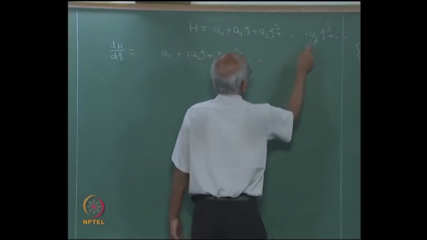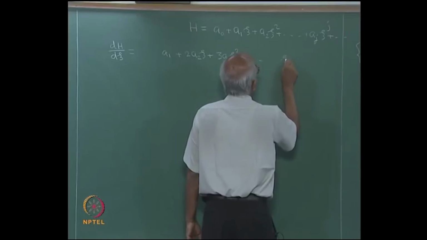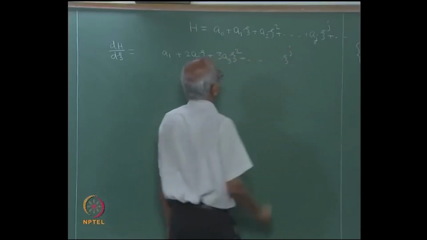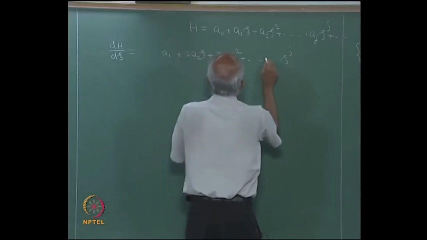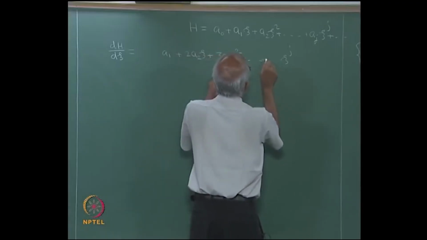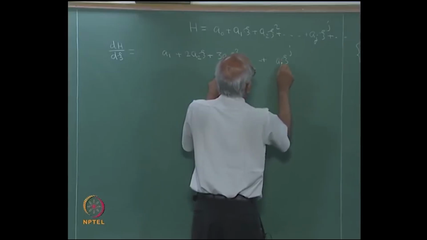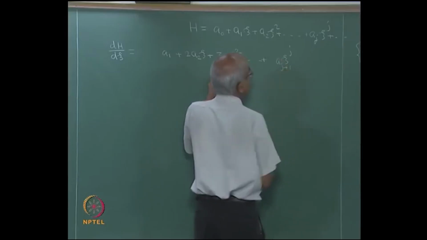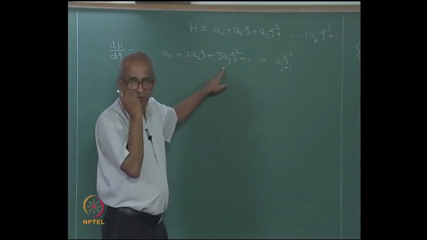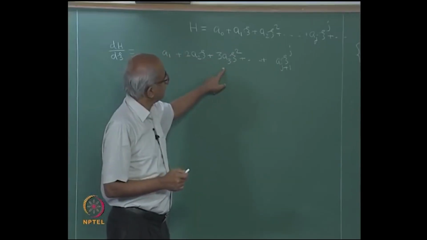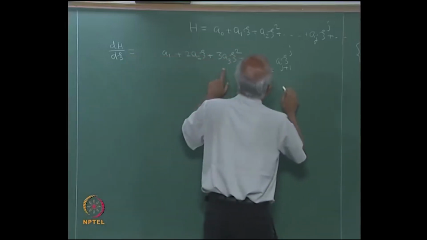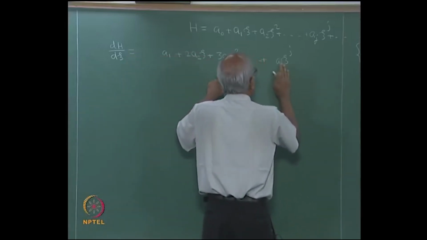In general, what will be the general term? You will have c to the power of j multiplied by what will be the coefficient? a j plus 1, or maybe I will write it in this fashion.